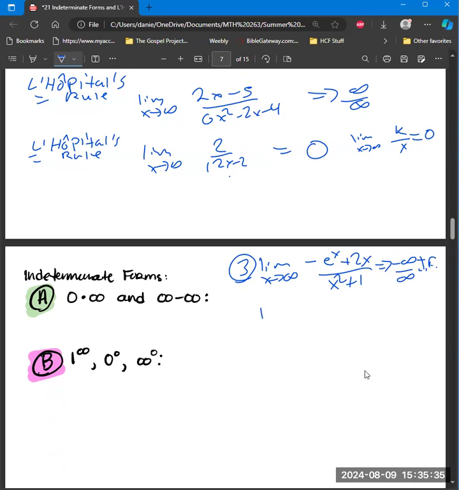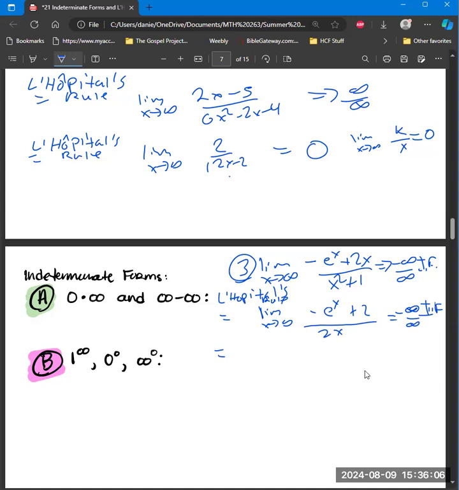So I would expect that this top grows faster than the bottom and that I'm going to go to negative infinity, I think, right? So by L'Hopital's rule, this is the limit as x goes to infinity of negative e to the x plus 2 over 2x, which is still going to be a negative infinity over infinity, which is an indeterminate form.